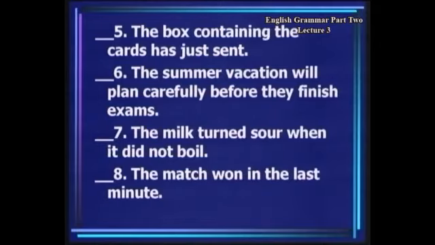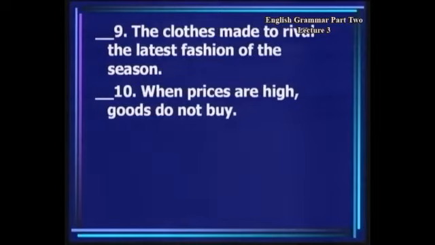Let's look at number 9. The clothes made to rival the latest fashion of the season. الهدوم اتعملت بحيث انها تنافس اخر صيحات في الموسم. طيب هنا برضو the clothes is my subject. Made. Do the clothes make themselves or are they made by someone?